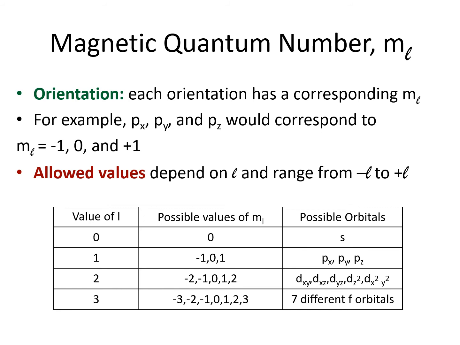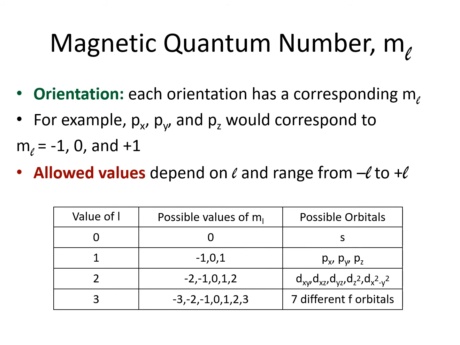When L is 1, m sub L ranges from -1 to +1, so that's -1, 0, and +1. These values correspond to the px, py, and pz orientations. When L is 2, m sub L ranges from -2 to +2. It has a total of 5 different values, which correspond to the 5 different orientations of d orbitals.